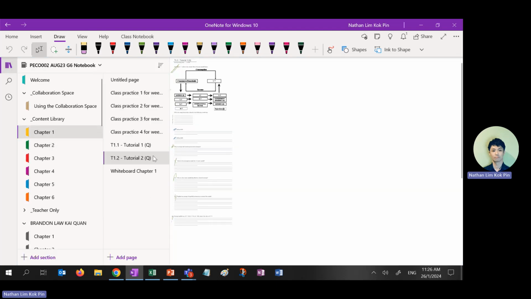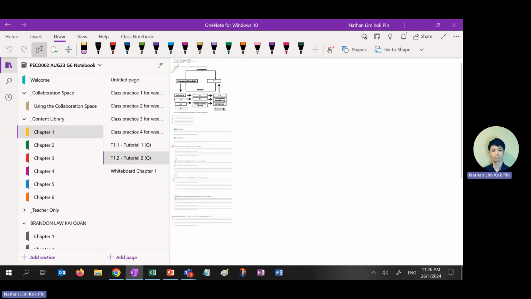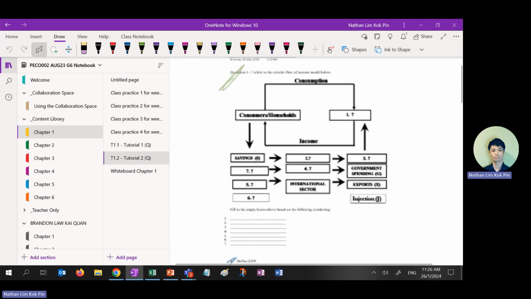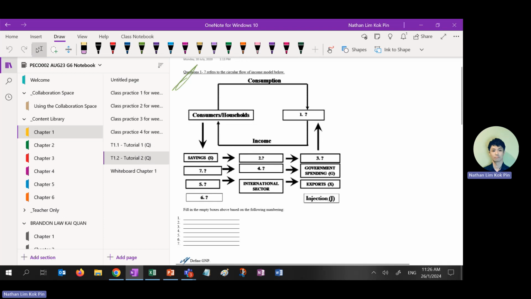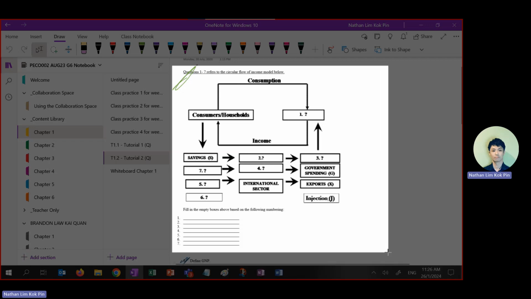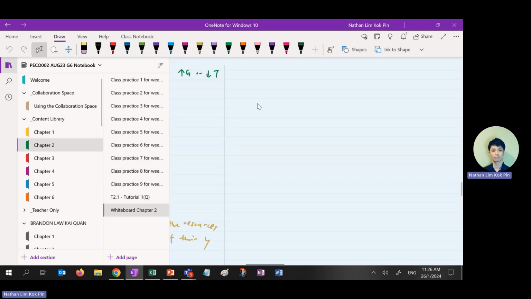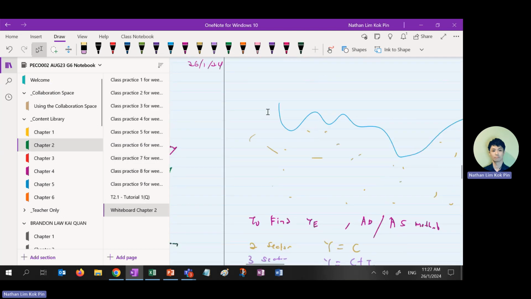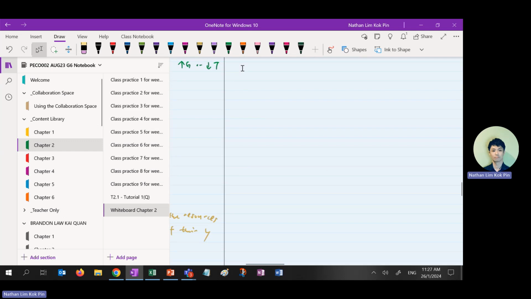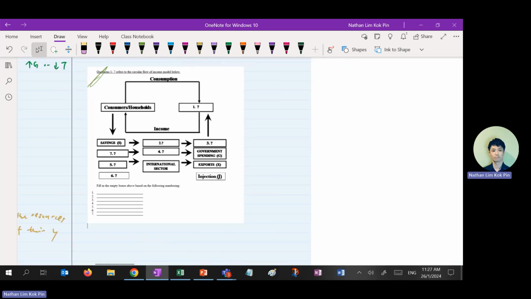I skip 1 and 3. Never mind. Chapter 2 will be in your whiteboard, chapter 2. Except for those listening to the recording, you have to find out where your whiteboard is.